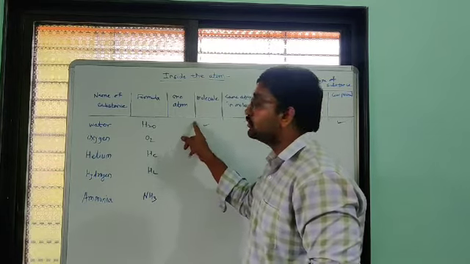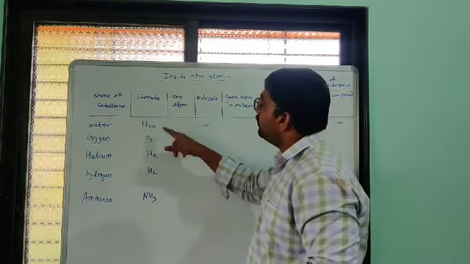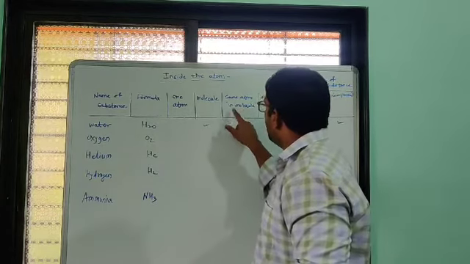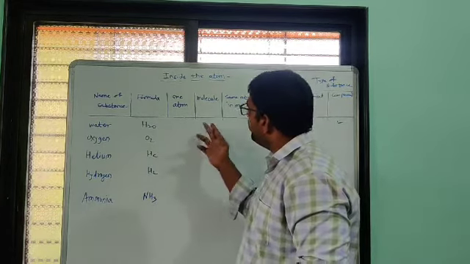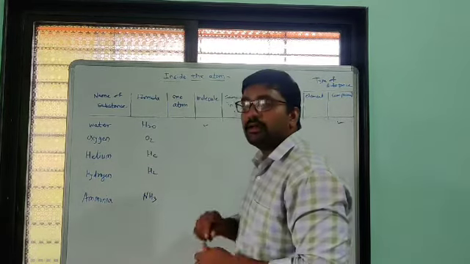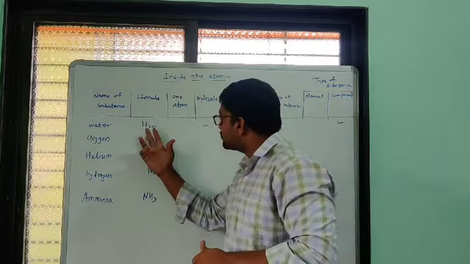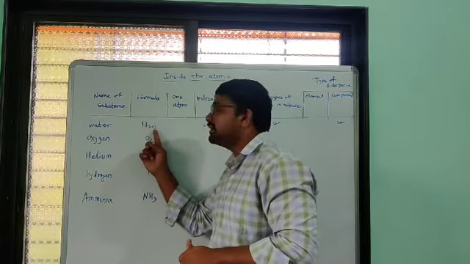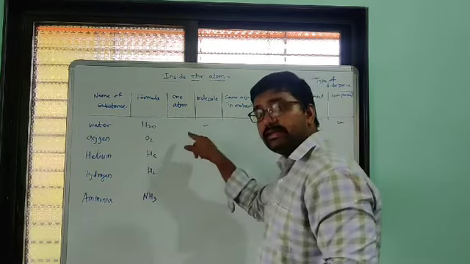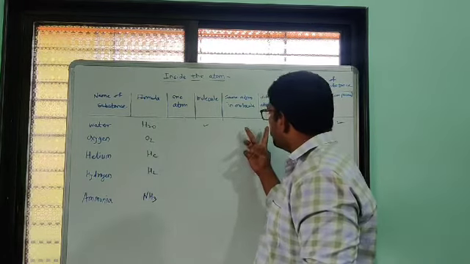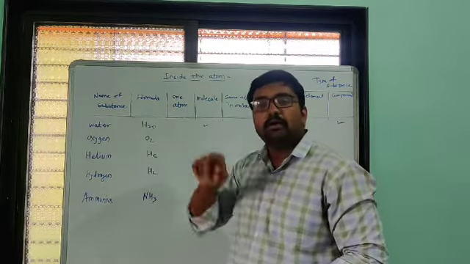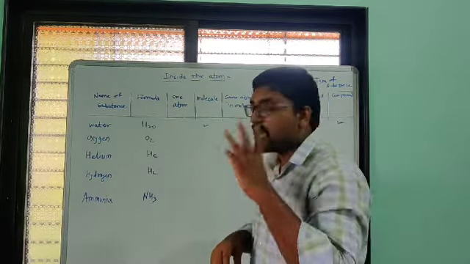If it is a molecule, we check whether the atoms in the molecule are the same. In H2O, hydrogen and oxygen are present, so different types of atoms are present in that molecule. We have to find out whether the atoms are the same type or different types, and tick in the chart accordingly.